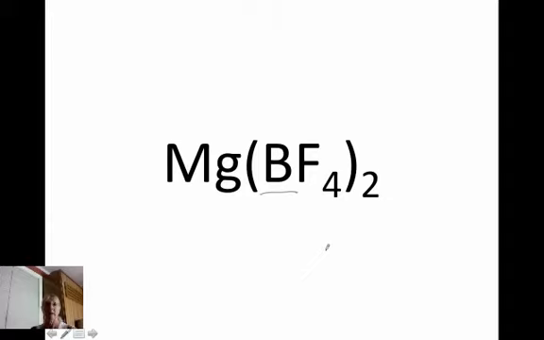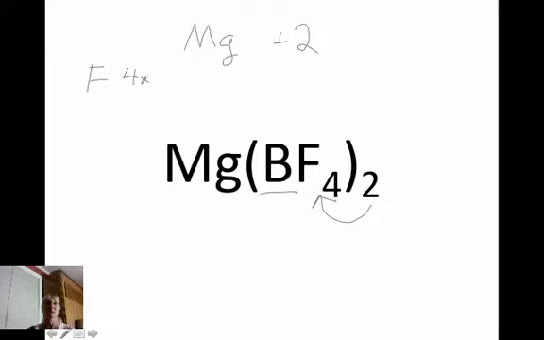So as I work this out, I have a magnesium, which is a +2 oxidation number. It's in Roman numeral column 2. Its charge is 2+. Its oxidation number is +2. Now the thing you've got to remember about this guy is there's a 2 outside the parentheses and you have 4 fluorines inside. So for the fluorines, I've got to do a little bit of math.